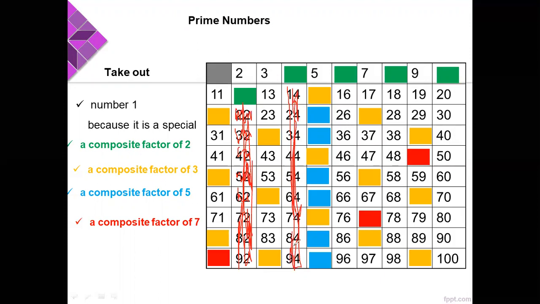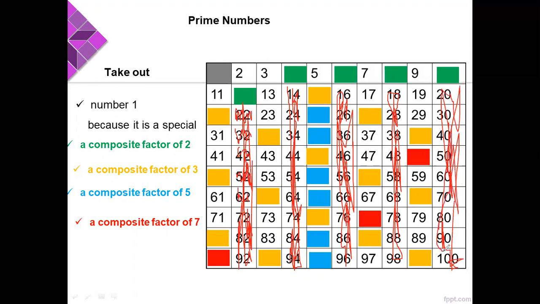Okay. I have to cross out all the multiples of 6 and multiples of 8 and multiples of 10 because all of these are not prime numbers. If I cross them all out, the rest of the numbers are odd numbers, and mostly they would be prime numbers.